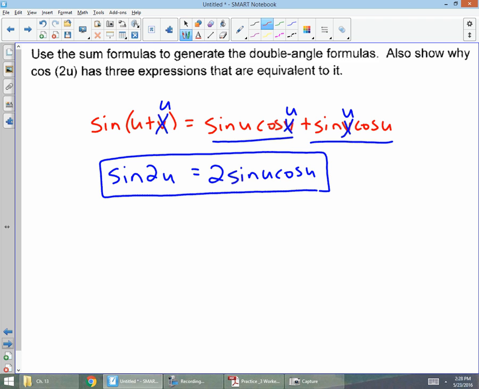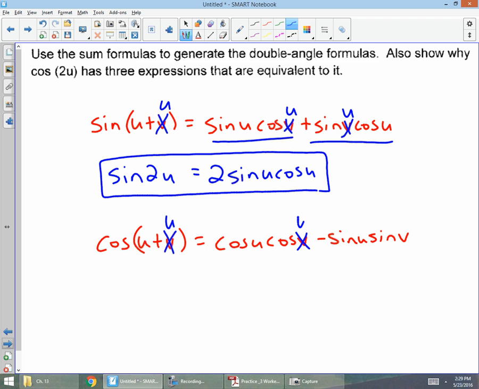Let's do the same thing for cosine. The cosine of u plus v equals the cosine of u and the cosine of v, minus the sine of u, the sine of v. Change the v to a u.